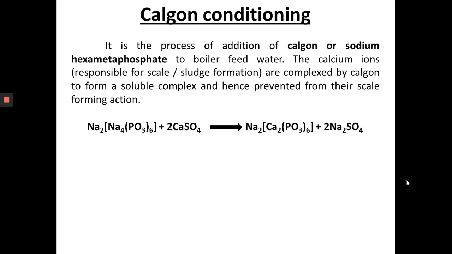When it reacts with calcium sulfate, it forms the corresponding calcium complex, which is soluble, and also forms the respective side product sodium sulfate. So in this technique, we can easily entrap the calcium ions or magnesium ions by forming their soluble complexes.